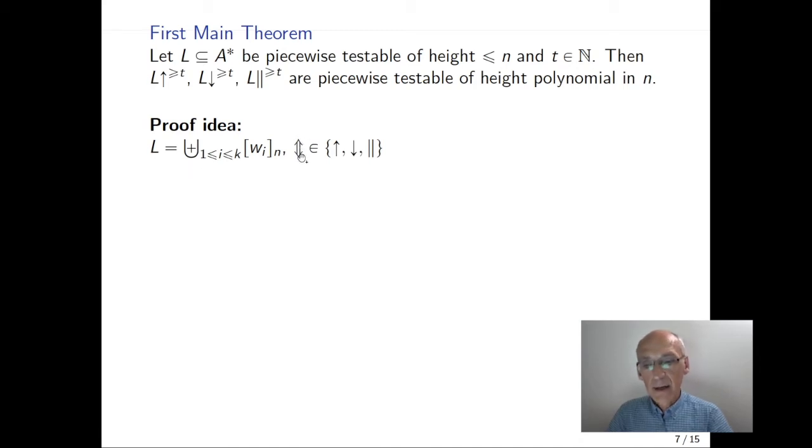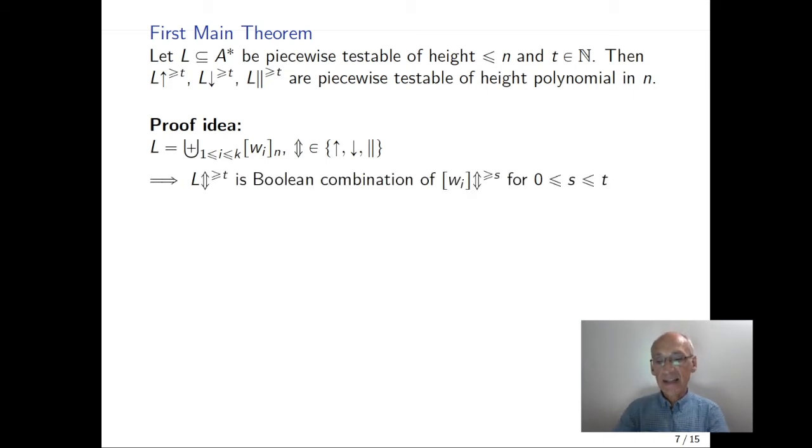Now let this double arrow be one of the three operations or comparability relations we are interested in. Then the threshold version of the upward closure, downward closure, and comparability set of L is a Boolean combination of the corresponding operation applied to the equivalence classes. Well, with a possibly smaller threshold.